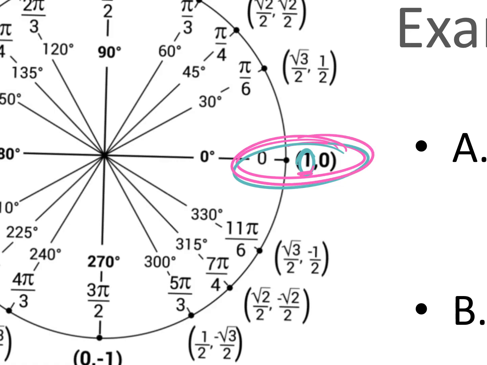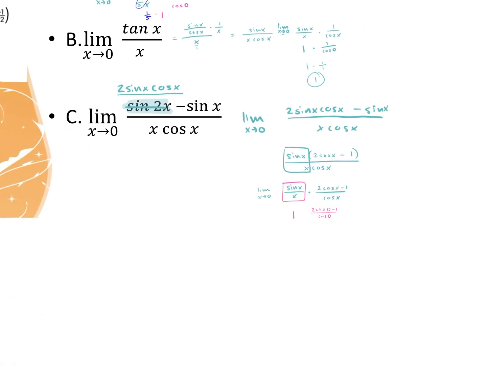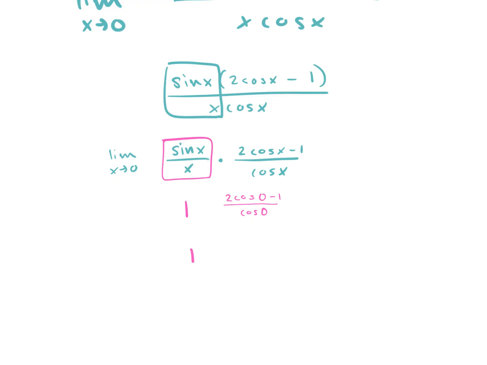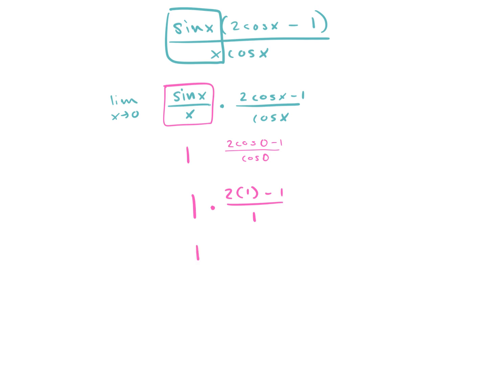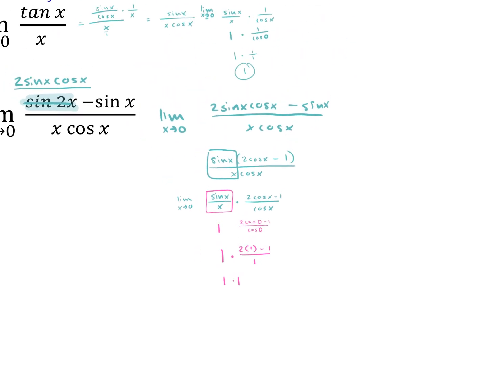We look at the x value, which is 1. Awesome. So we have 1 times 2 times 1 minus 1 over 1. So cosine of 0 just turns into 1. 2 times 1 would be 2. Minus 1 is 1. And 1 over 1. And 1 times 1, 1. So our limit would be 1.